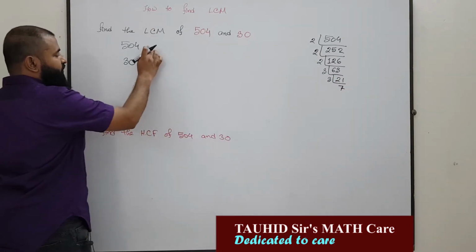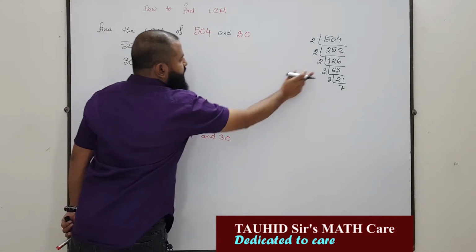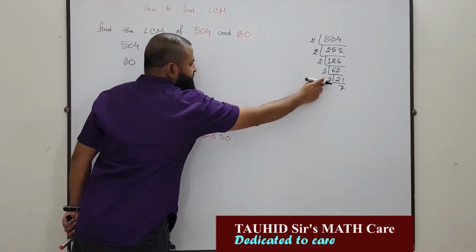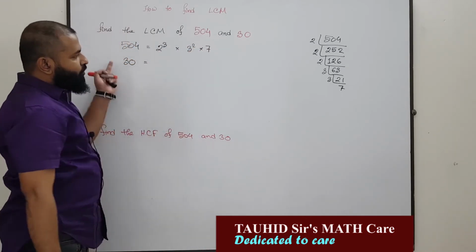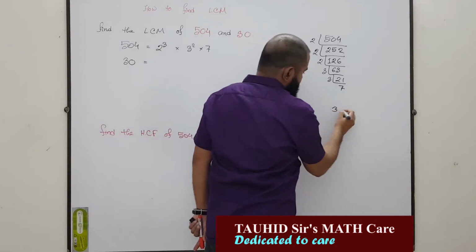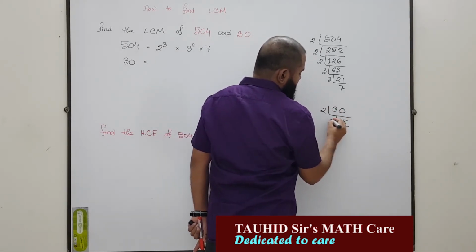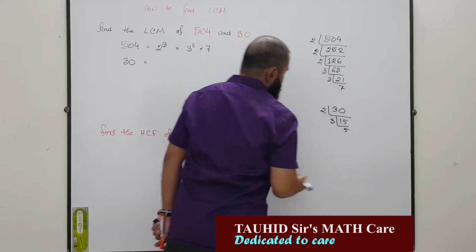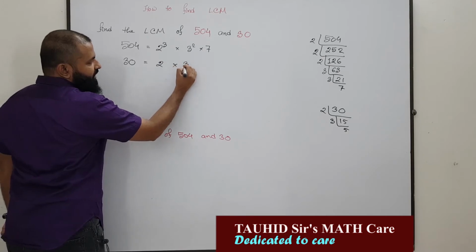So we can write 504 equal to 2 cube into 3 square into 7. And what about 30? If we divide 30 by 2, we get 15. If we divide it by 3, we get 5. So we can write 30 as 2 into 3 into 5.